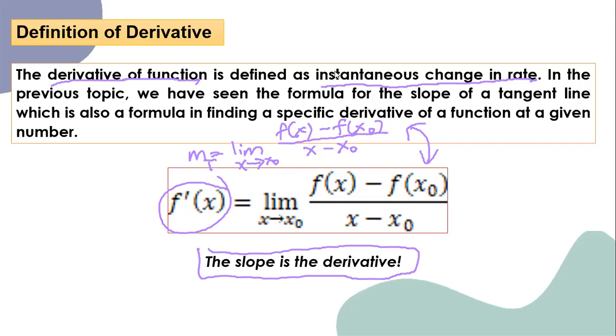So wag kakalimutan, the derivative is defined as the instantaneous change in rate. So kinompute natin yung difference ni f of x and f of x sub 0 and then dinivide kay x minus x sub 0.